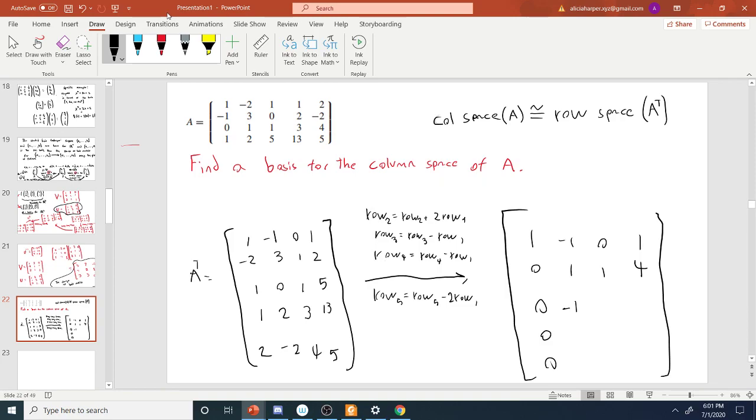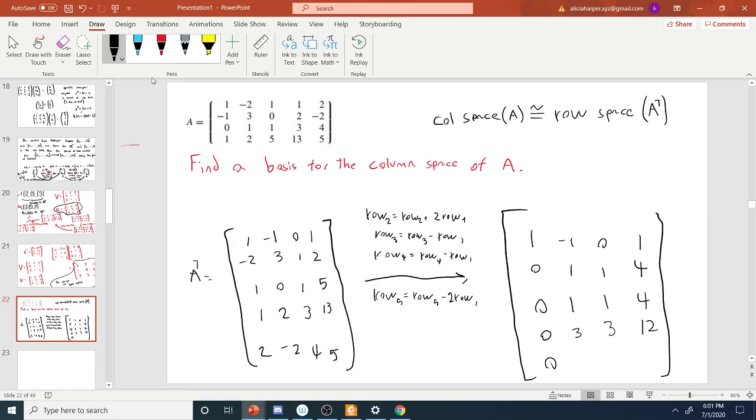For the next row, I'm going to get a +1 here, a +1 here, a 4 here. For the next one down after that, I'm going to get a 3 here, a 3 here, a 12 here.